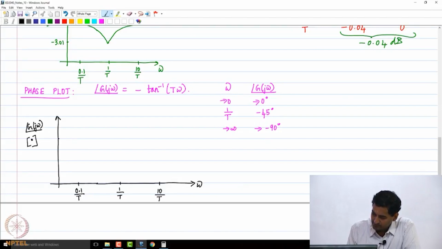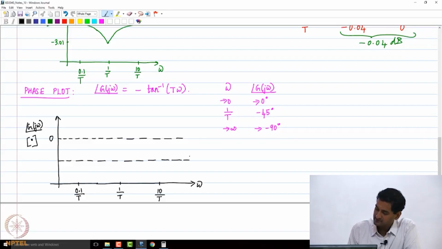Essentially, we are going to have 0 degrees, and let us say this is my minus 90 degree line, and in between I have minus 45. All of us know how the tan inverse plot looks.